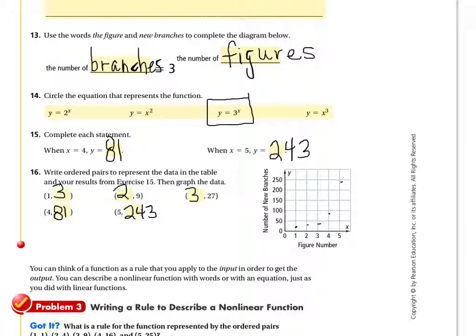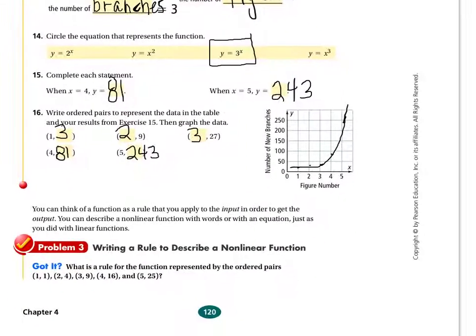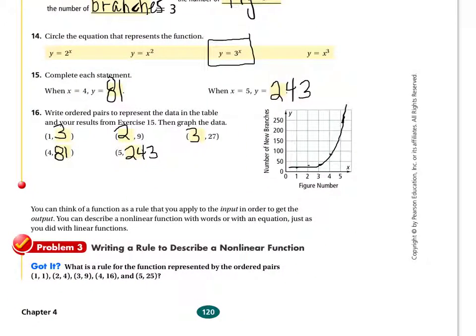And then we're going to connect them. So, you can think of a function as a rule that you apply to the input in order to get the output. You can describe a nonlinear function with words, an equation, or a graph, just as you did with linear functions.